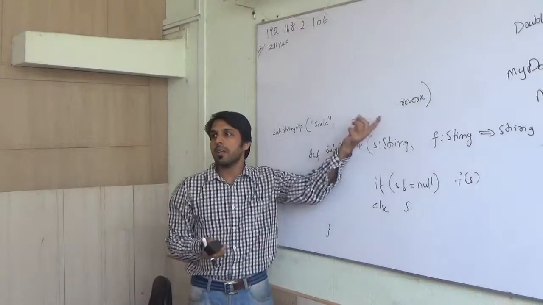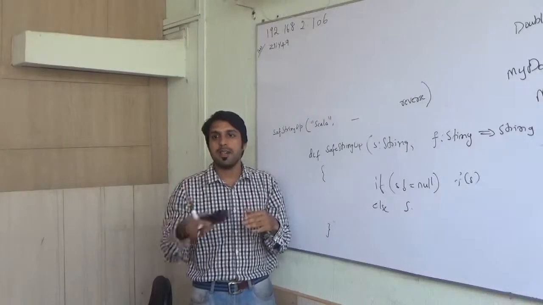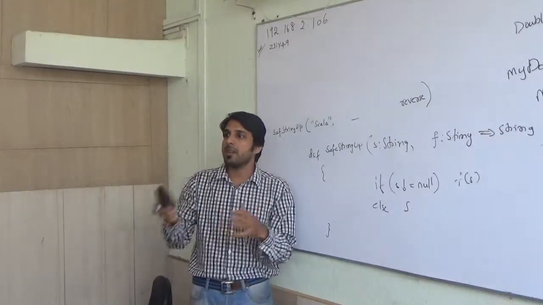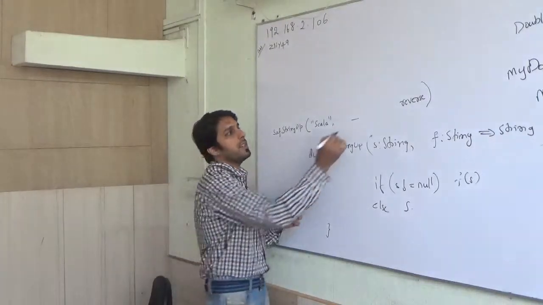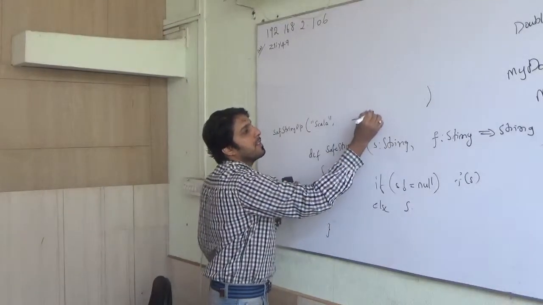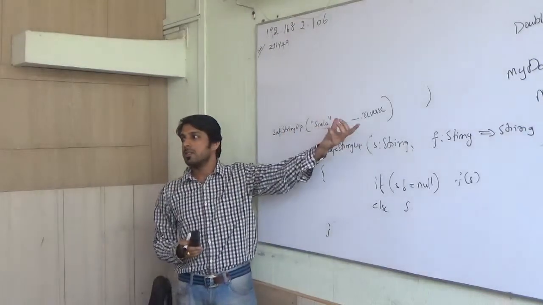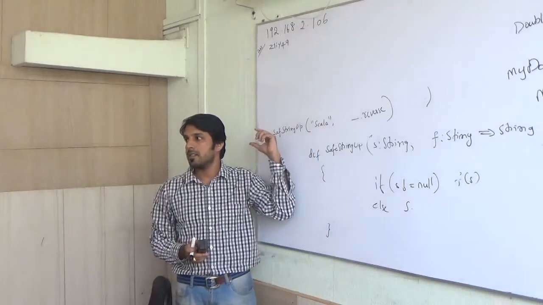If there are two parameters in the body, with two underscores, the first parameter will be the first underscore and the second parameter will be the second underscore. Here we are doing s dot reverse. So this is how it works.